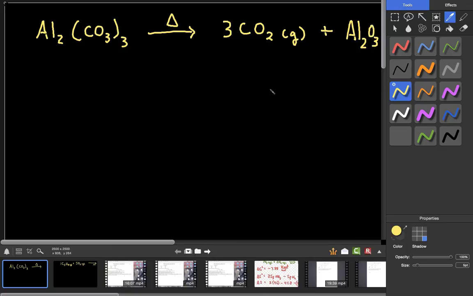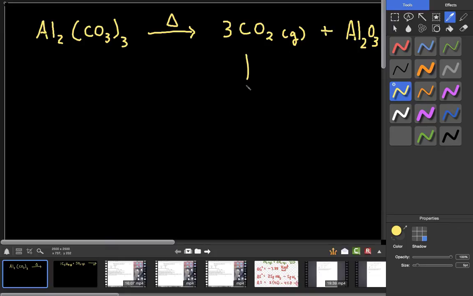And if we look at this, we have a perfectly balanced equation, because every time we drive off a CO2 from a carbonate, there's one oxygen that's left over. So if we have 3 of them, that's 3 that's left over. We have 2 aluminums, we have 2 aluminums.